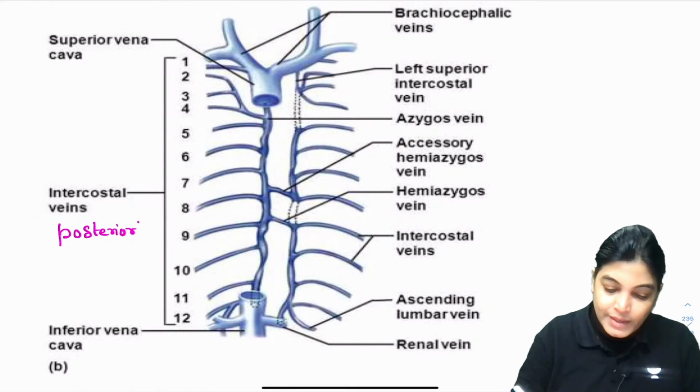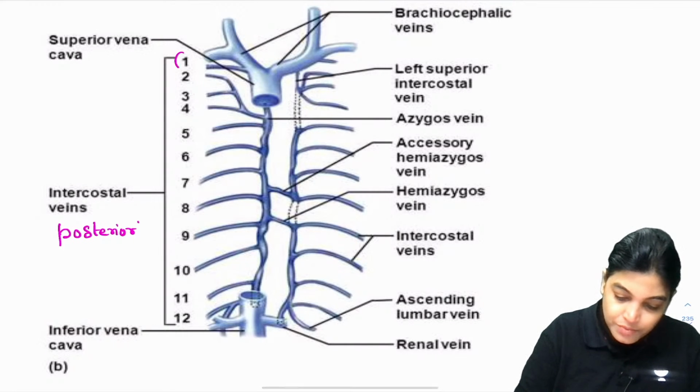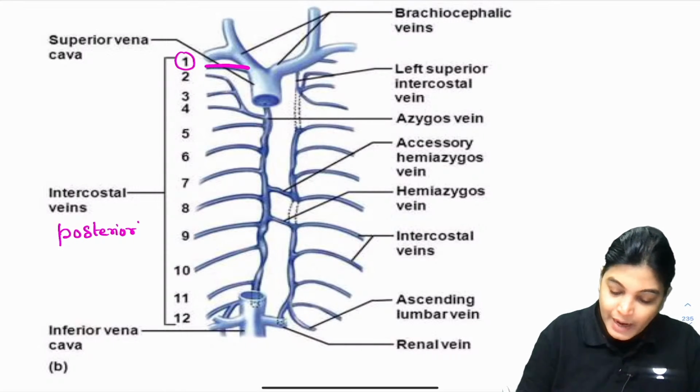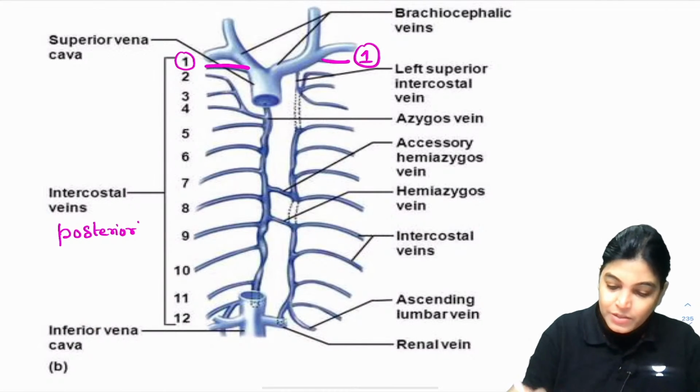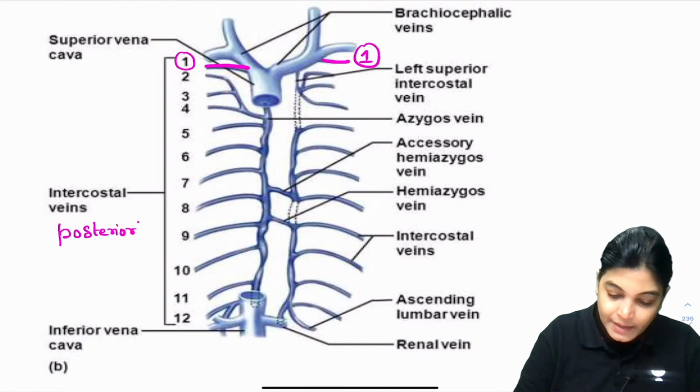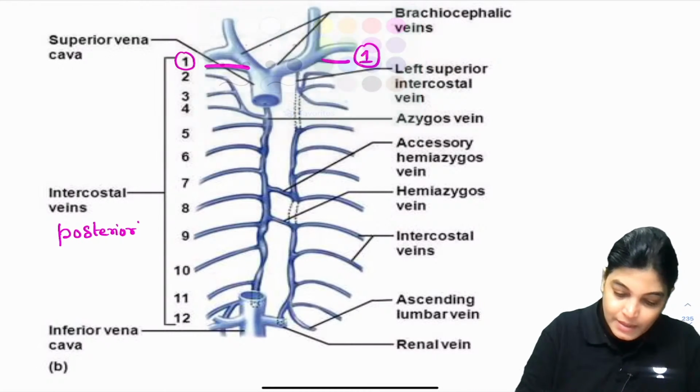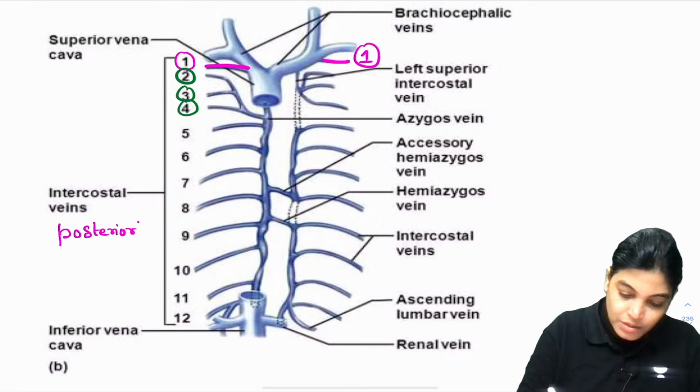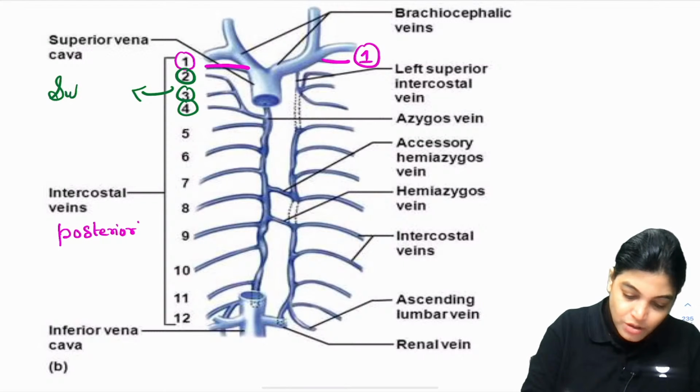Now what you can see, the first one is draining into the right brachiocephalic vein on the right hand side. Now see here, second, third and fourth join to form the superior intercostal vein.